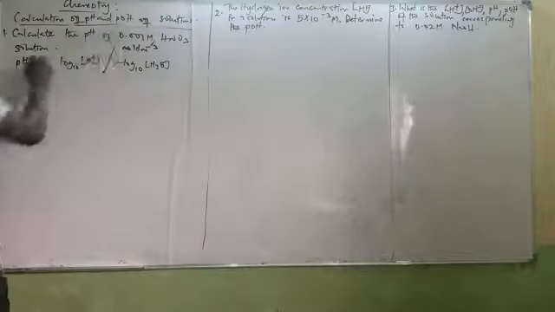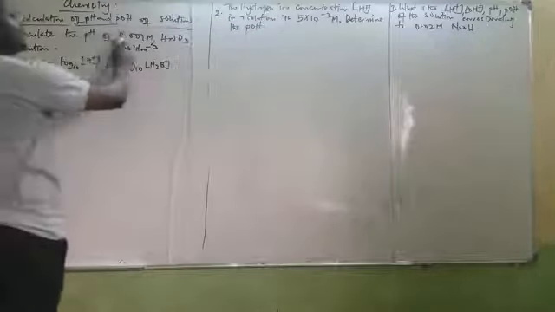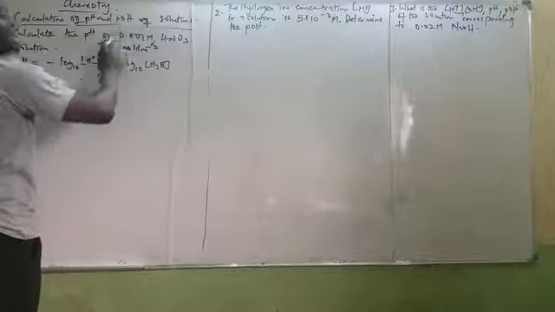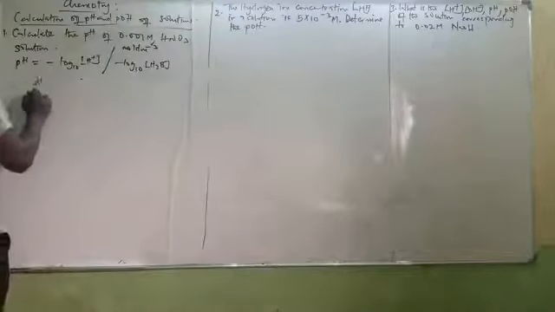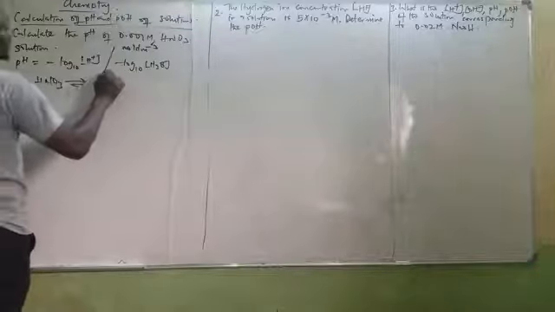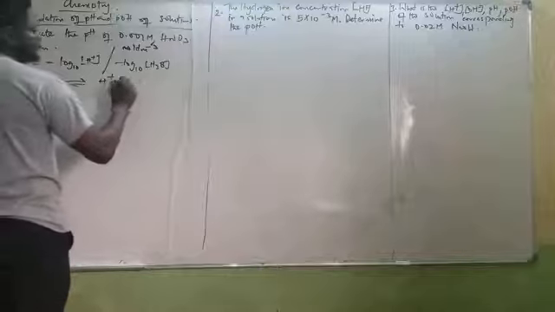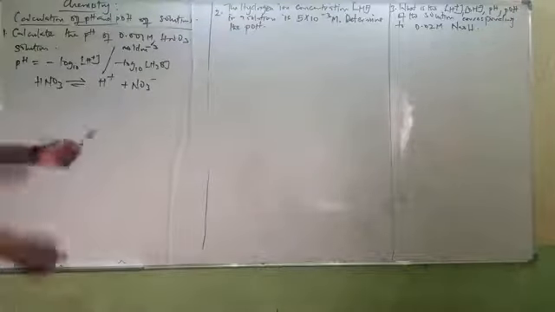So now, we have our hydrogen ion concentration, because this is the acid, and this is the molarity for the acid. So we could know that this HNO3 is giving us H+ and NO3 minus, right? So we have just 1 mole.